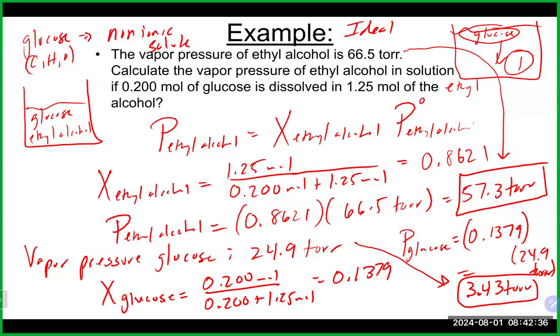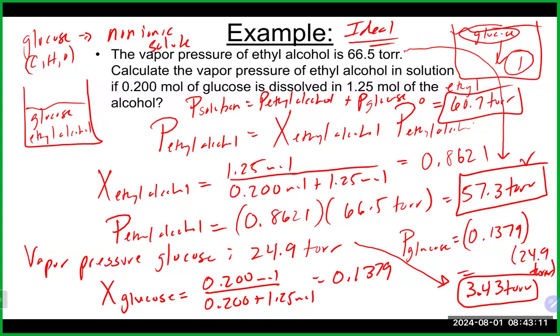Now, an ideal solution means kind of like the ideal gas law in ideal conditions. When we have partial pressures, we could actually figure out the pressure of the solution in this case by taking the partial pressure of ethyl alcohol with our partial pressure of our glucose. And overall, this solution would have an overall vapor pressure of about 60.7 torr if we added this number and this number together.